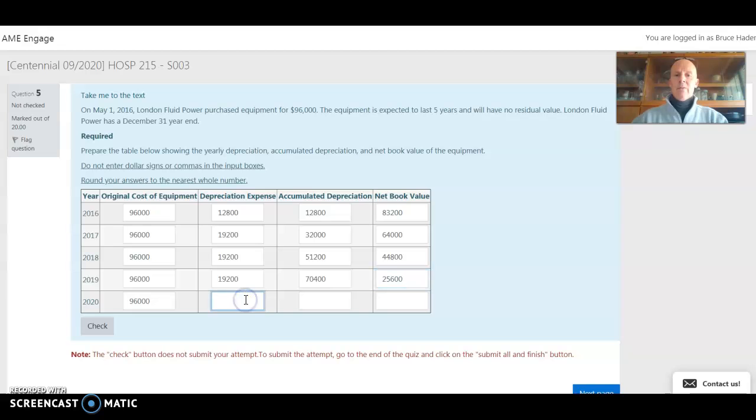2020, okay, we have a full year 2020. Again, each month is $1,600, 12 months in a year, so for the full year from January 1st to December 31st of 2020, it's going to be $19,200.